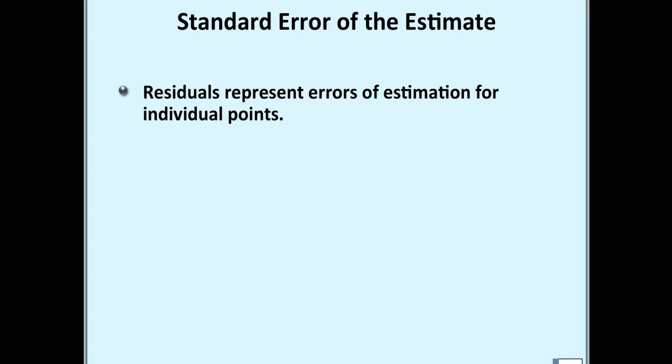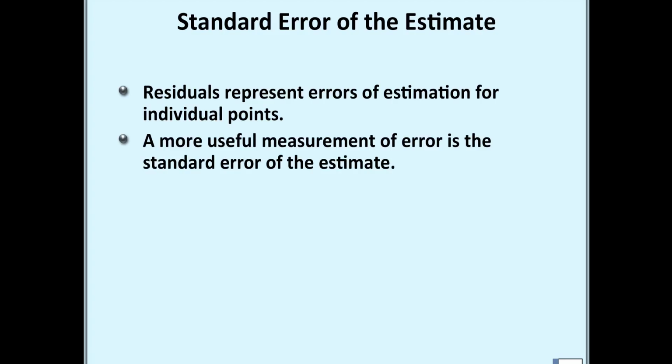That's a very useful measurement of error. Specifically, if you want to construct a confidence interval for your prediction, you need this value. So let's see how we can find the standard error.